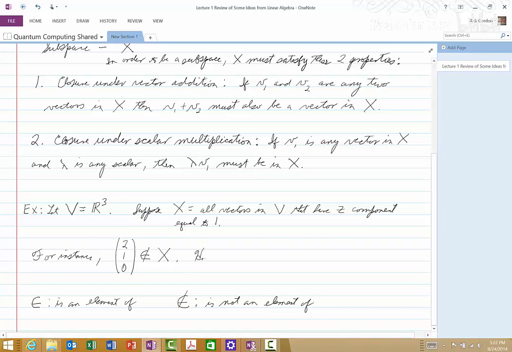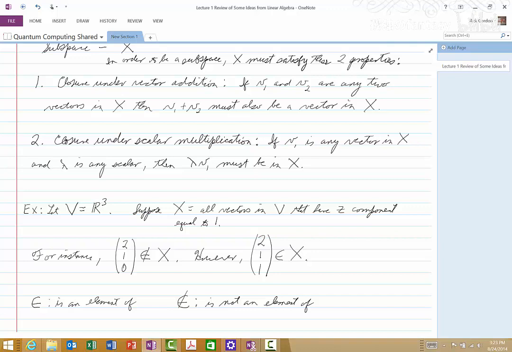However, (2, 1, 1) is an element of X. And of course, there's an infinite number of vectors in X: (3, 1, 1), (4, 2, 1), (5, 6, 1), (-3, pi, 1), (e, pi, 1).